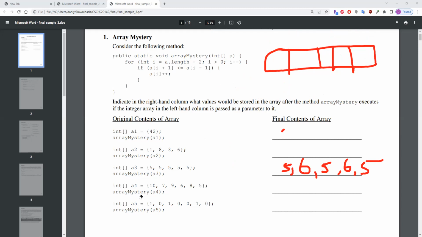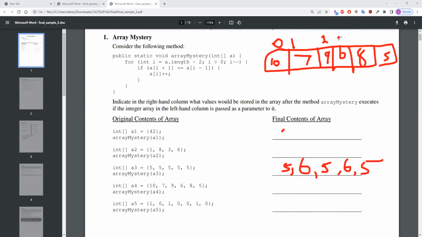Okay, now we have A4. For A4, what we have is 10, 7, 10, 7, 9, 6, 8, and 5. Zero index, 1, 2.